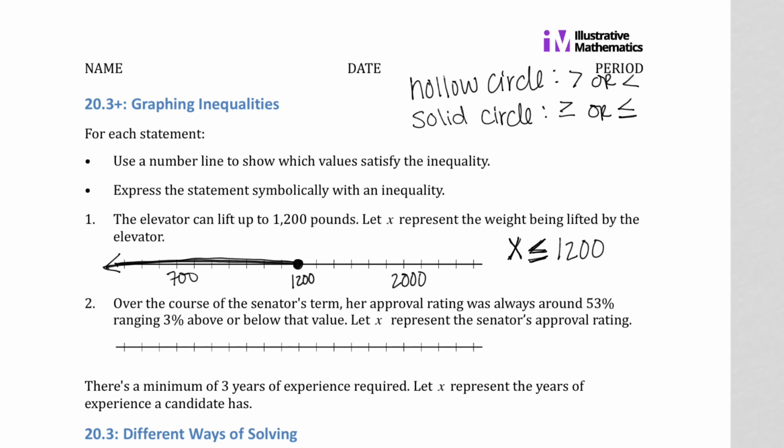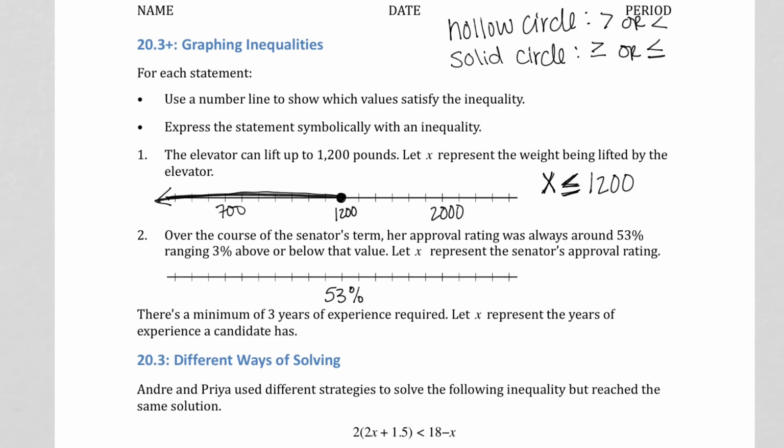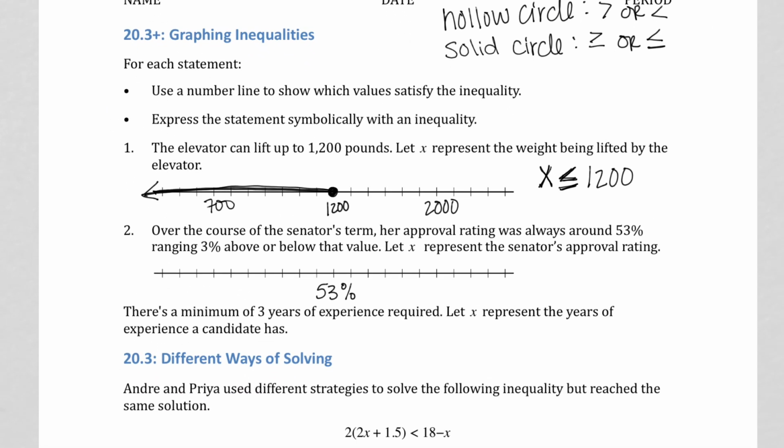So, what do you think that would look like? If I put 53% right here, and let's say here is 50%, and here is 56%.